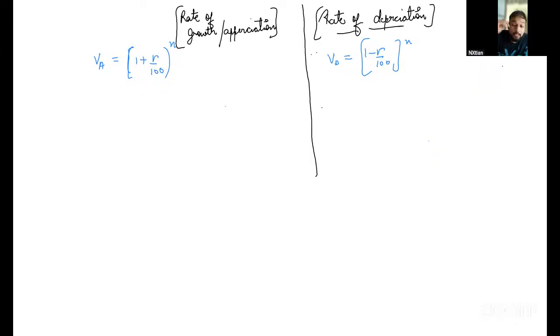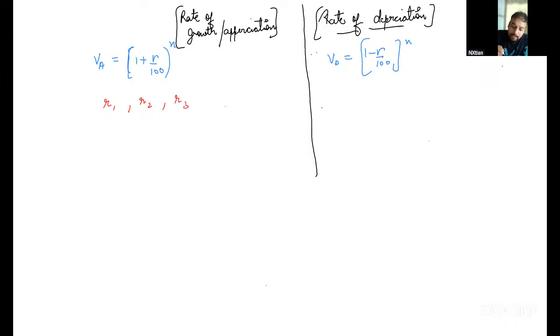Now one more thing can come in the question. There may be a question in which three or four rates are given: R1, R2, and R3.